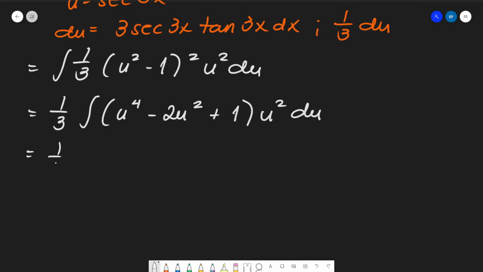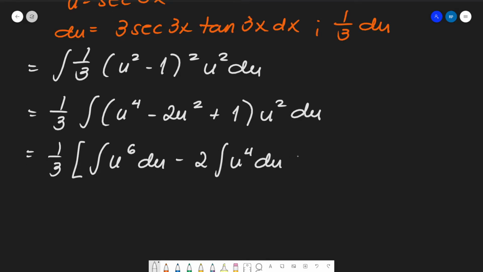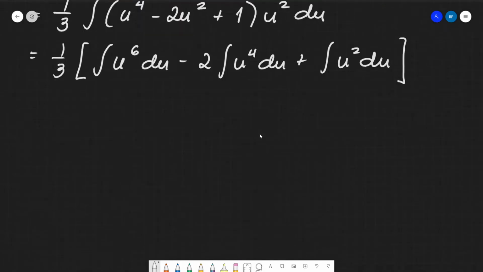So, integral of u to the sixth du minus 2 u to the fourth du plus integral ng u squared du. Madali na siya ma-integrate, napaka-simple na ng mga integral natin.